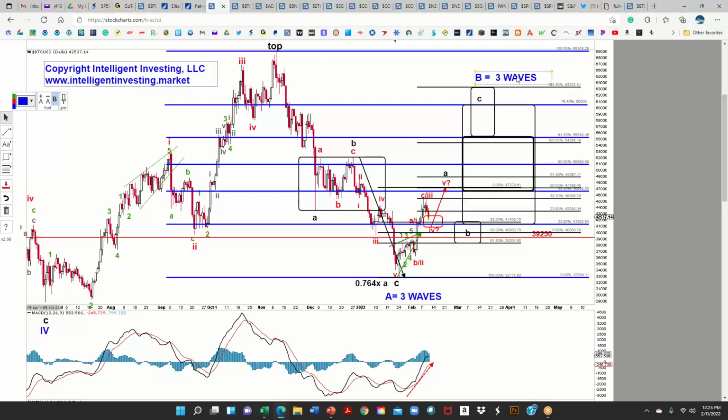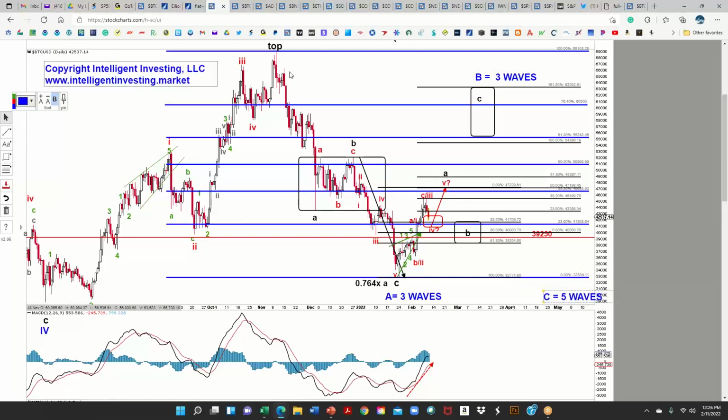Now, if this is going to be a flat, where we then get the C wave, C is 5 waves for cycle 4, then I expect the higher end to be reached because the B wave needs to go a lot higher than 62% retrace, okay? It needs to go a lot higher.